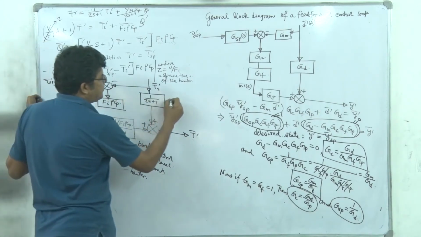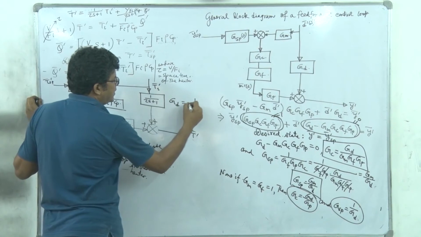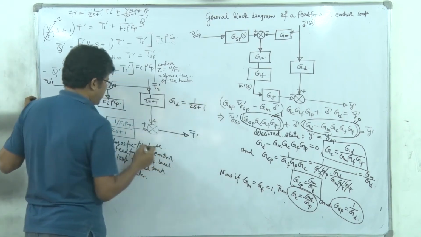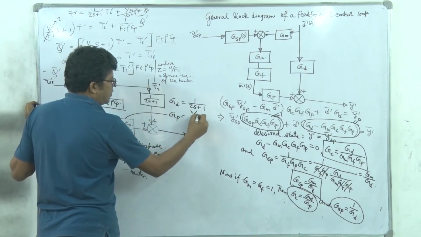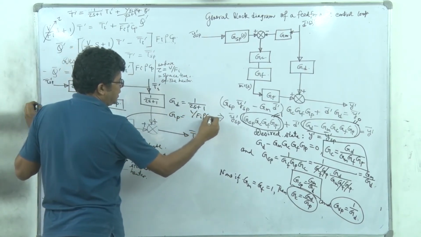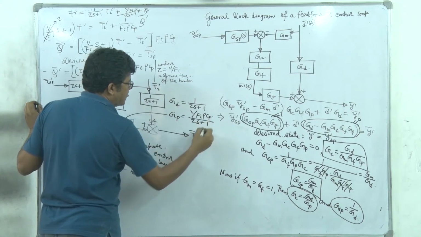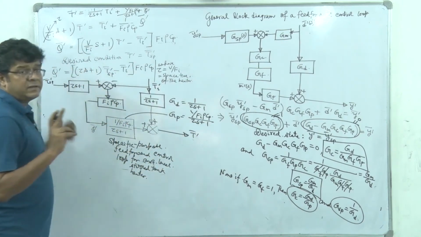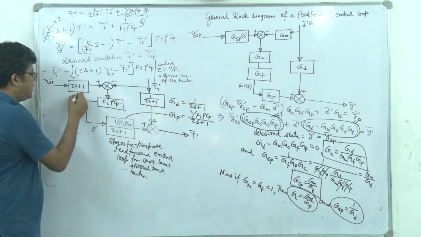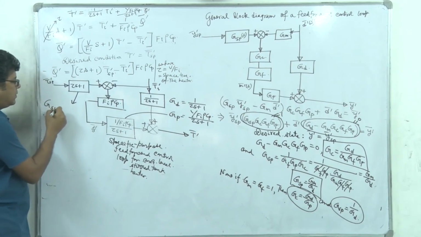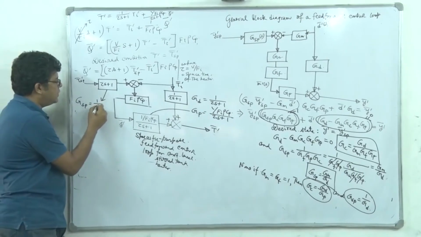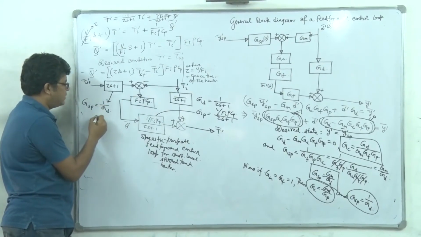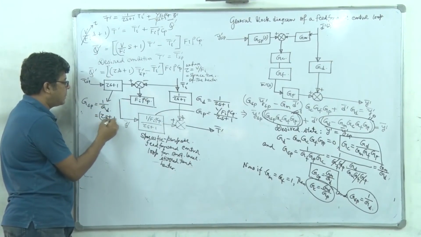What is GD? GD is equal to 1 by tau s plus 1. And what is GP? GP equals 1 divided by Fi rho Cp divided by tau s plus 1. Now if GM and GF are equal to 1, GSP should be equal to 1 divided by GD, right? It's exactly the same, which is tau s plus 1.